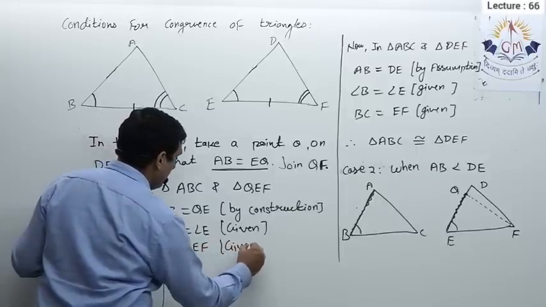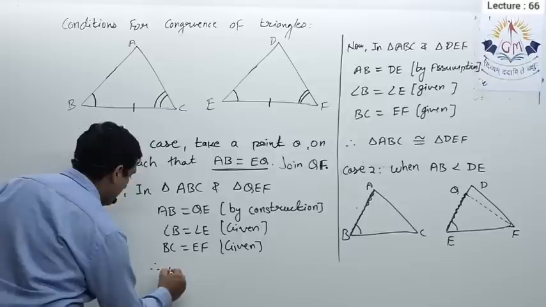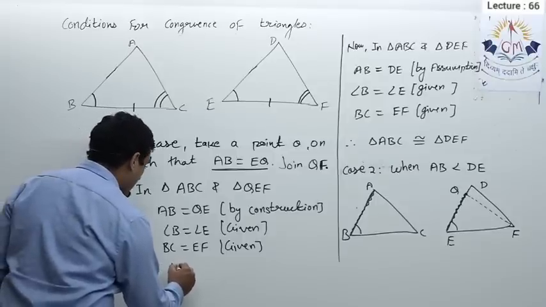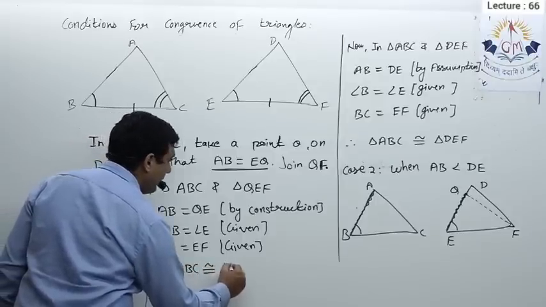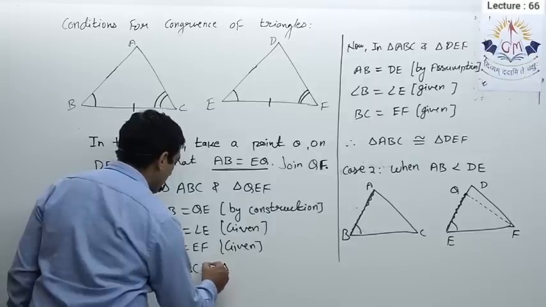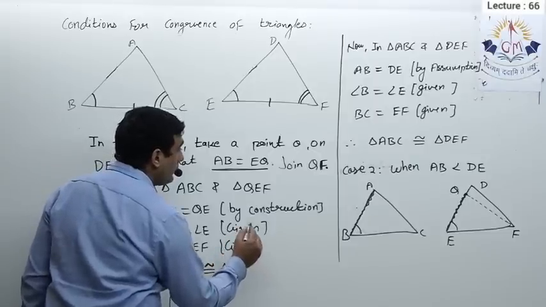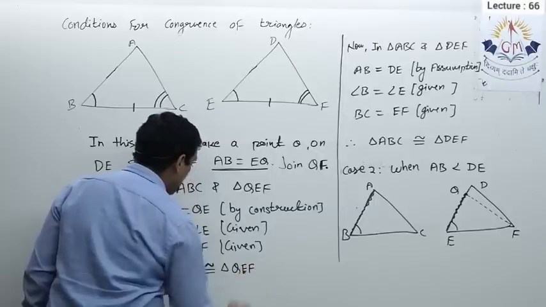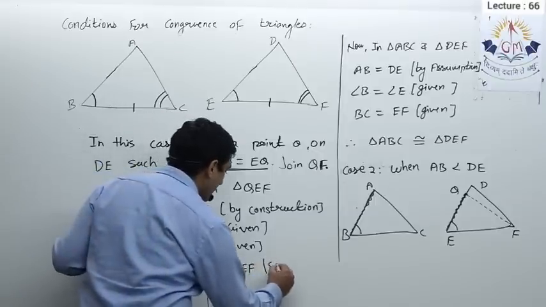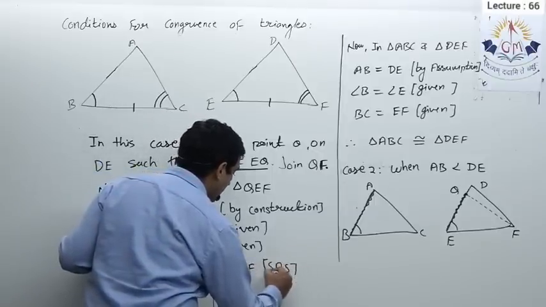That is again given. Therefore I can say triangle ABC is congruent to triangle QEF. Okay, reason, side angle side. By side angle side, triangles are congruent.